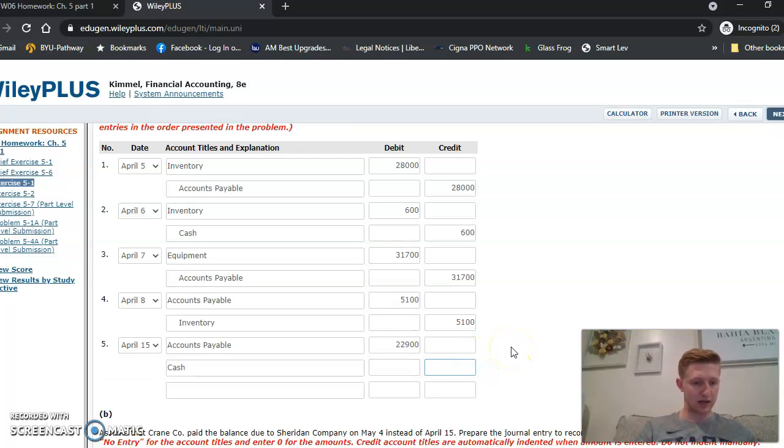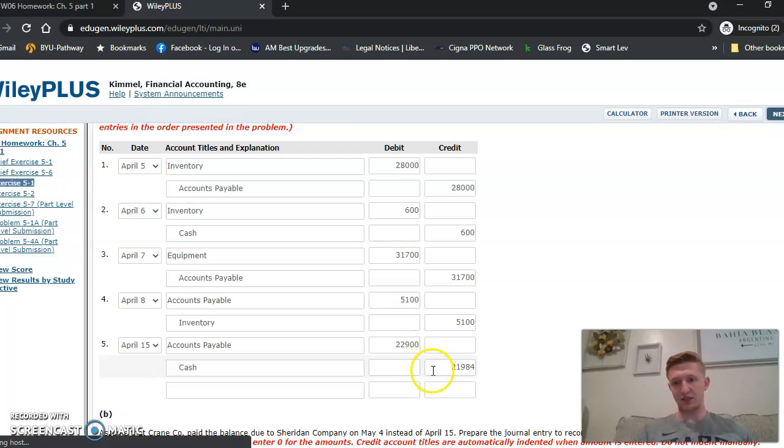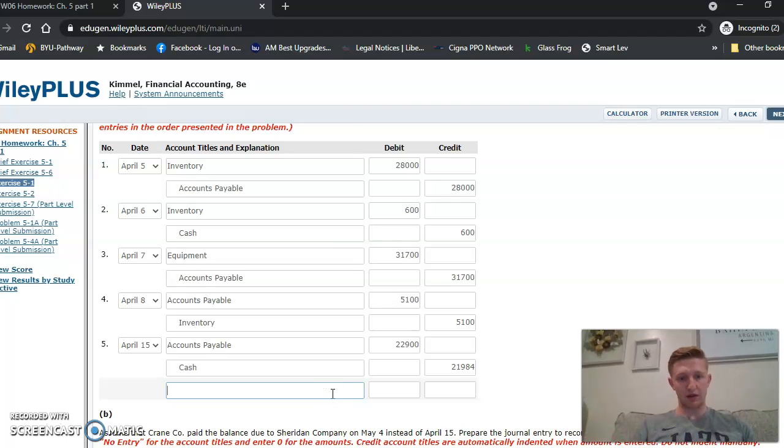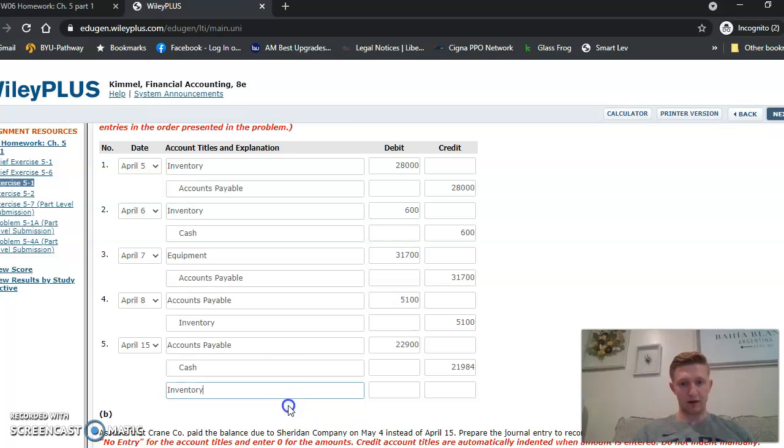And when that calculation comes out, it's going to be $21,984. So essentially what's happening is they're getting a price discount. So instead of having to pay the full price here, because they paid within the 10 days, they only have to pay $21,984 instead of this amount here. So here on this last item, we have to show the difference of those two.